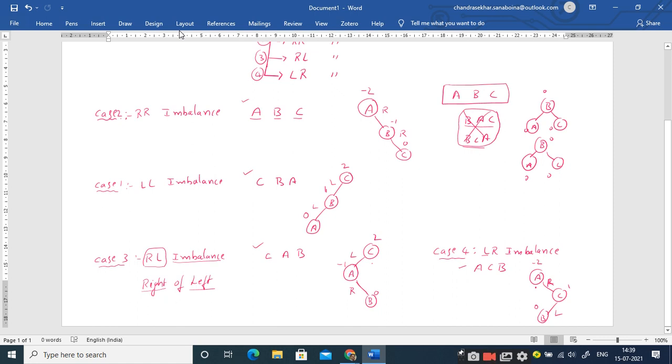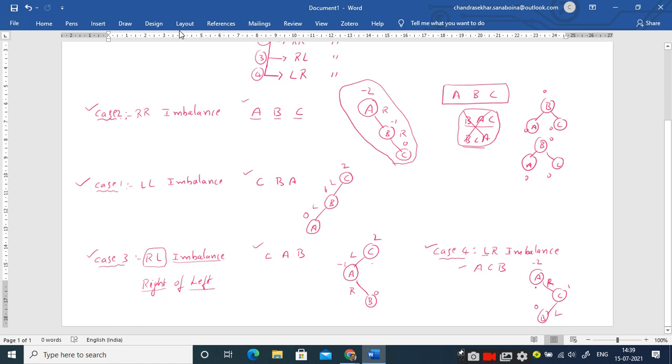One is LL imbalance, this one, and the second one is RR imbalance, this one. Case 3 is right of left imbalance, and case 4 is left of right imbalance. Is it clear up to this point? Yes, sir. And one more very important point that you should remember here is that the imbalance should be considered between 3 nodes only.